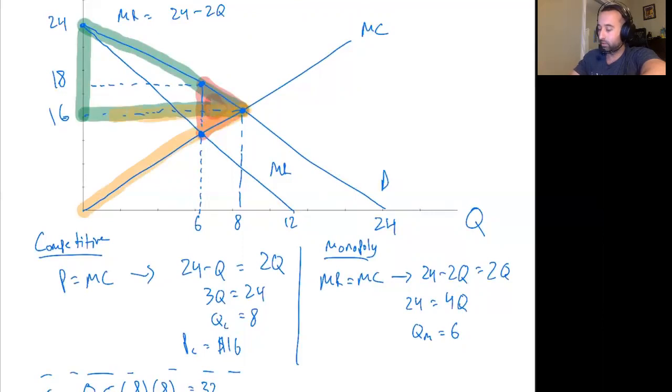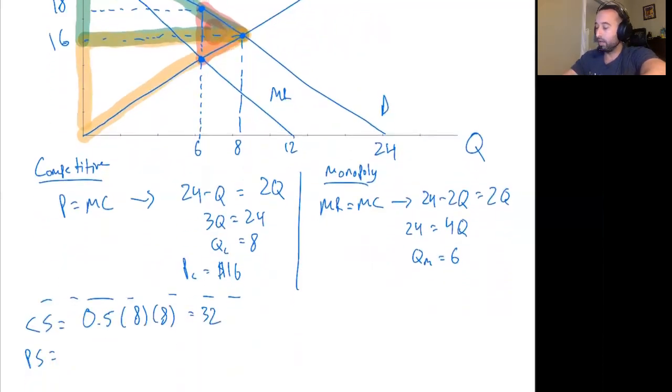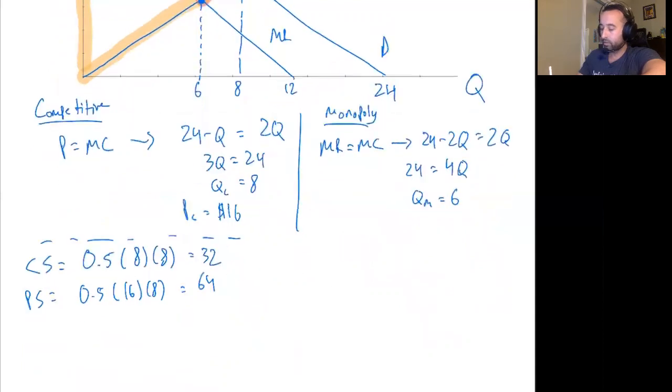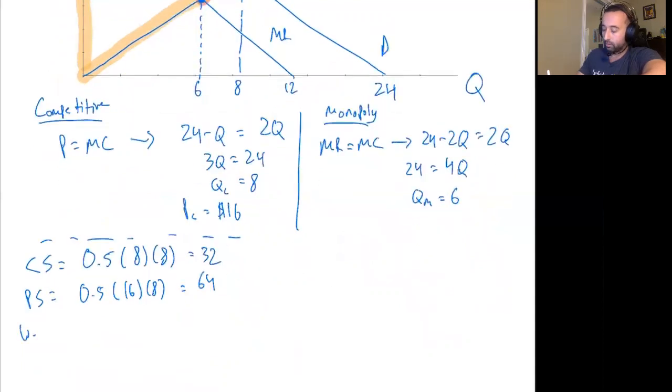So it's just this area, the orange shaded triangle. That area has a height of 16 and a base of still 8, so it's 0.5 times 16 times 8, which is equal to 64. So our welfare is just the sum of these two terms, 32 plus 64.